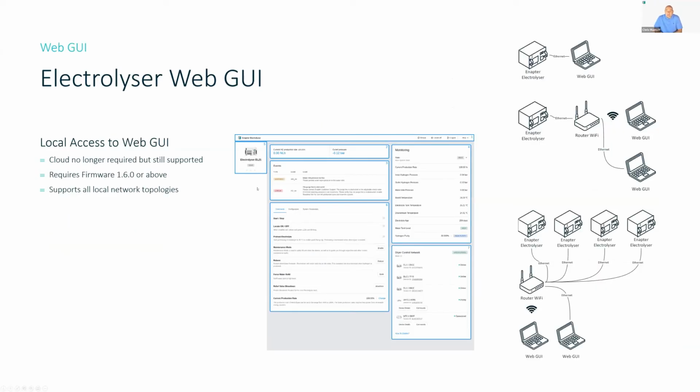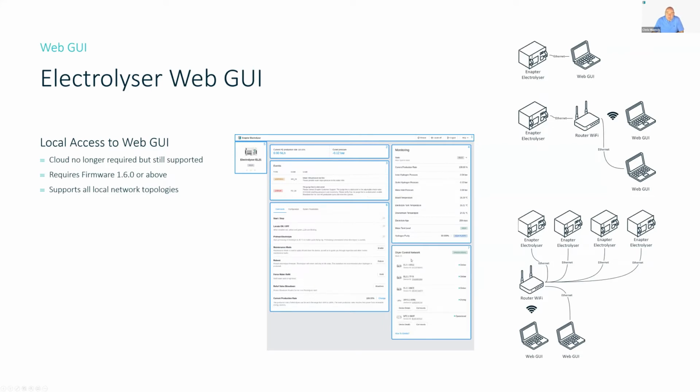This is the Electrolyzer WebGUI. So this is a new feature in firmware 1.6.0 and anything that came after. It basically allows you to directly connect to your electrolyzer via Ethernet and then look at your most important data of the electrolyzer right in a WebGUI. You don't need to install any app.